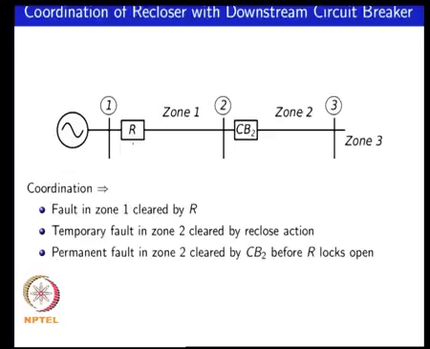So, after it recloses, it will see whether its current is still going above the threshold, and then it will go through such cycles of say closing for say n cycles. After n cycles, if the current is still above the threshold, then it stays locked open. Okay. So, in terms of logic, it is a fairly simple and straightforward logic in terms of what the recloser would do.